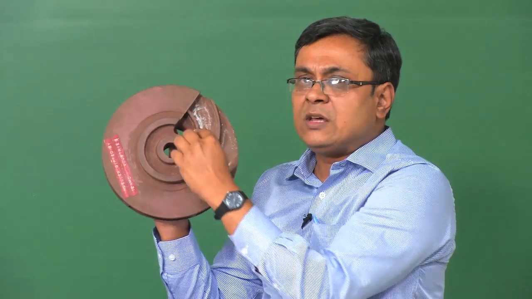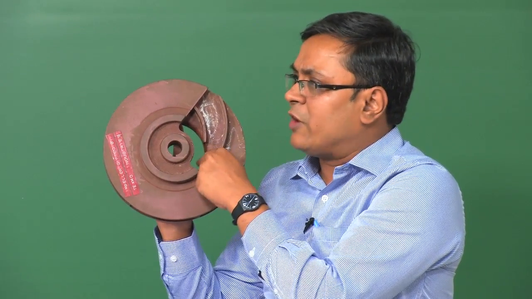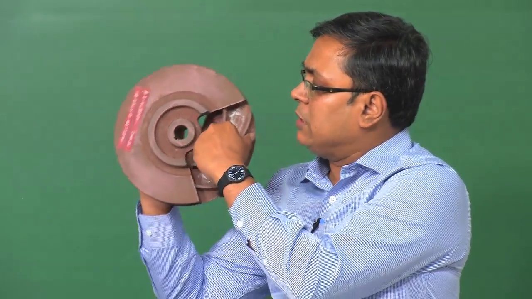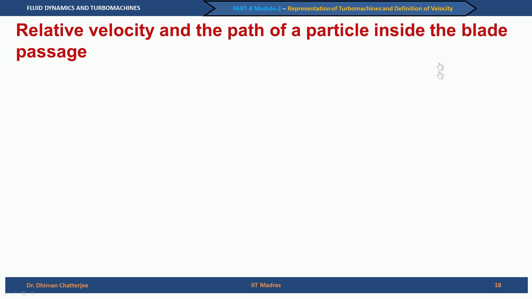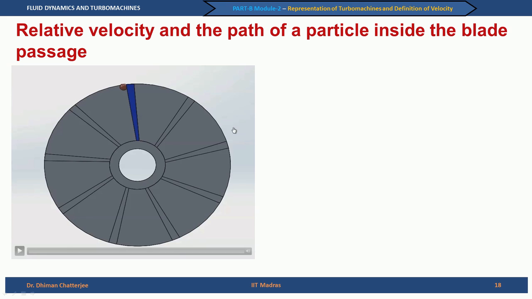Whereas, if you are sitting in the laboratory and trying to trace the particles, what you will see is my hand is moving and the particle is also moving. This is now brought out with the help of a movie in these slides. Let us look at an impeller, and one of the blades has been marked as blue. On the left side, you imagine that you are sitting on this blade, and the ball which is shown is a fluid particle at the inlet edge.